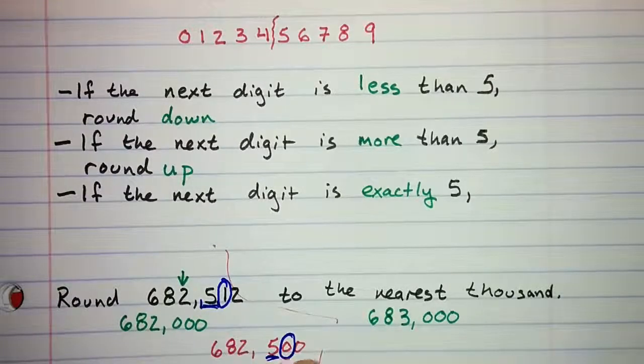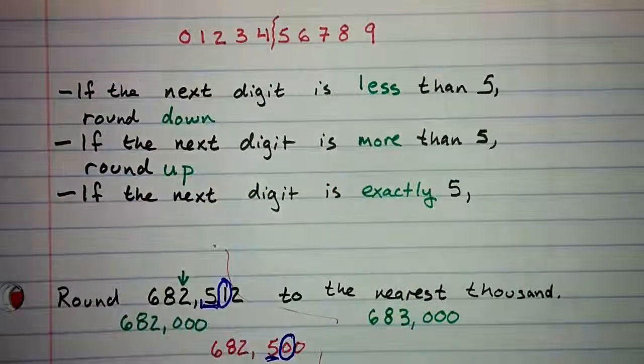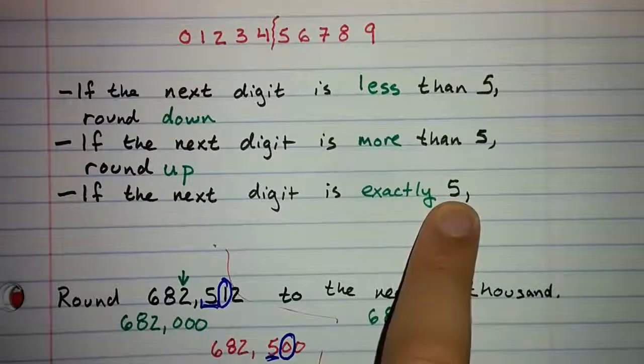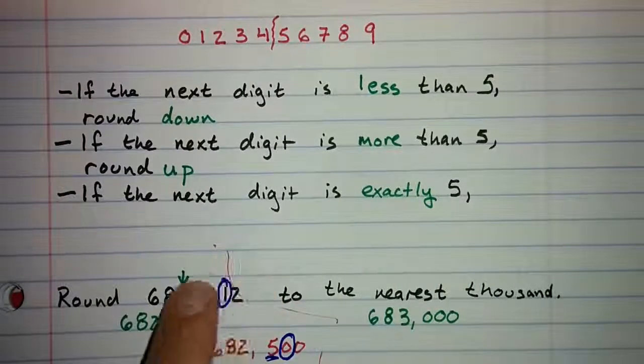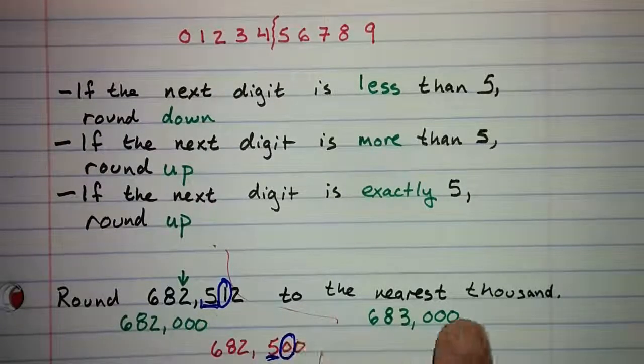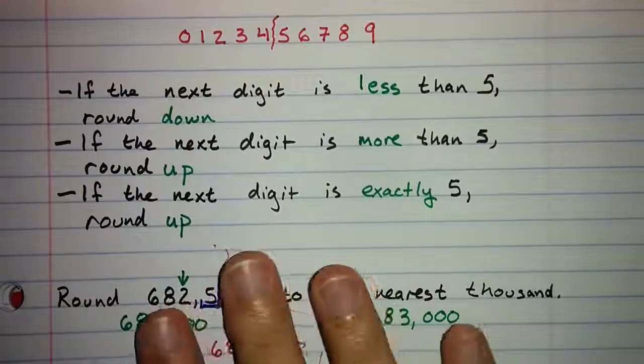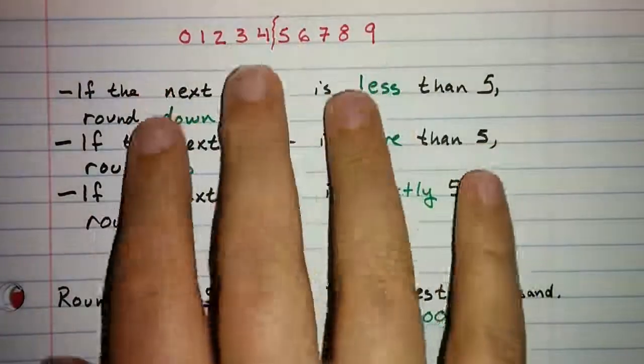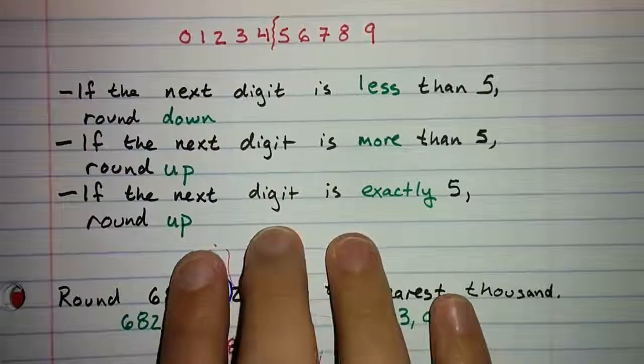But that's hardly ever going to happen. So in making this rule, we're going to ignore that possibility. If the next digit is exactly 5, normally that will still mean we're bigger than the middle point. We still round up. By convention, then, if we happened to have exactly the middle point, we would still round it up.